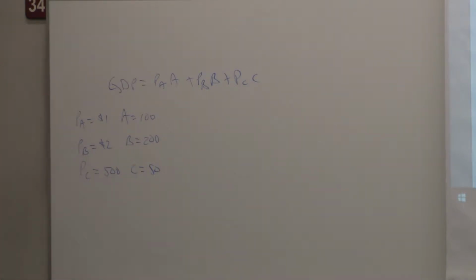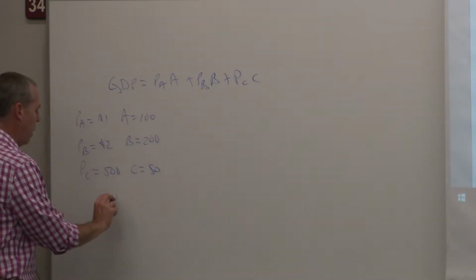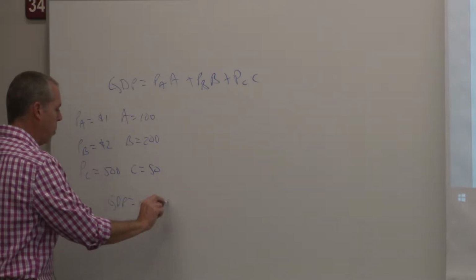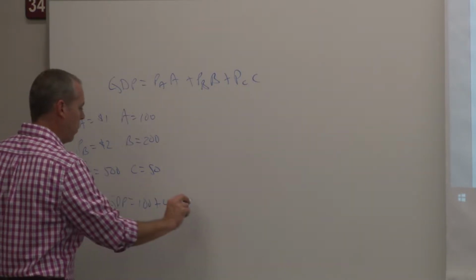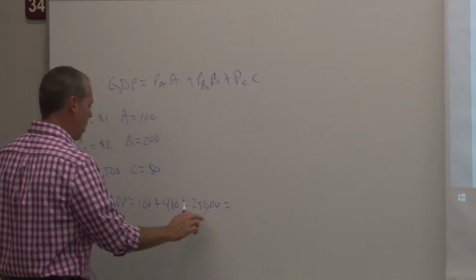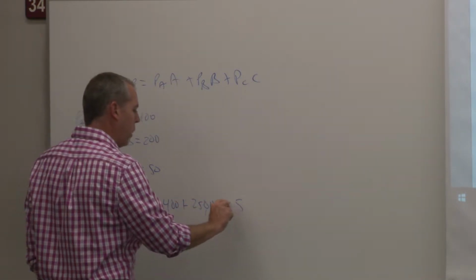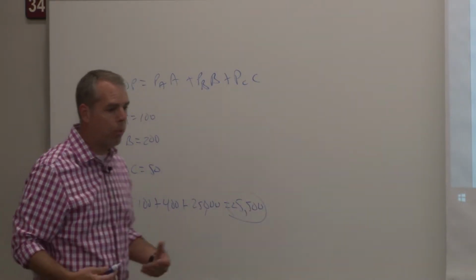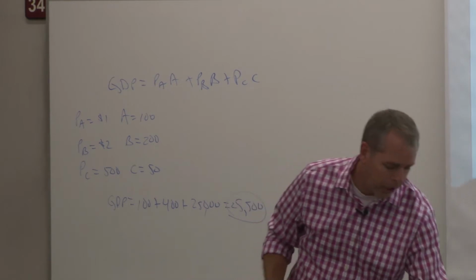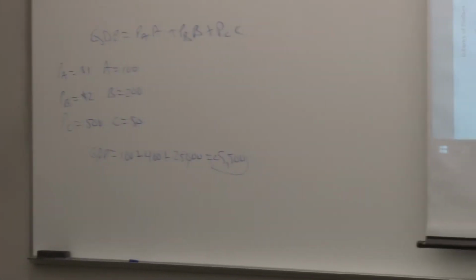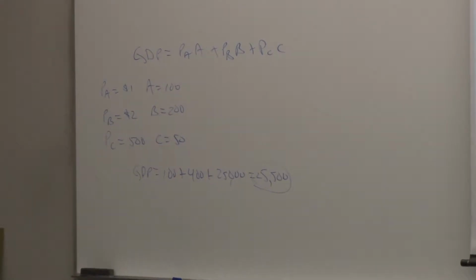If this was the only thing our economy consisted of, our GDP would be 100 plus 400 plus 25,000, which is 25,500. Here, in essence, is the market value of all the goods and services that our economy is producing within this year.